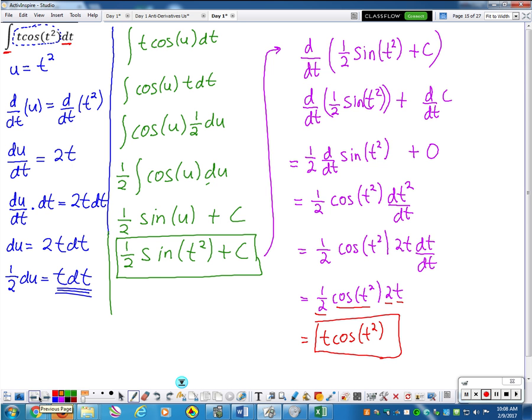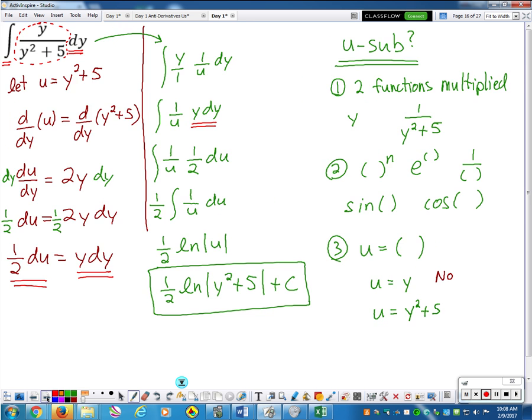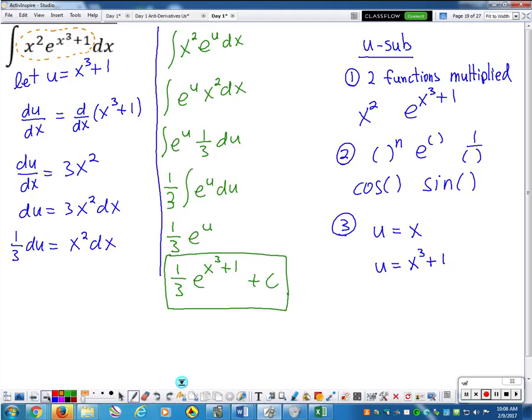We identify that u was going to be x cubed plus 1. Once we identify this as the choice of u, if we look back at the original problem, a very interesting thing will happen.